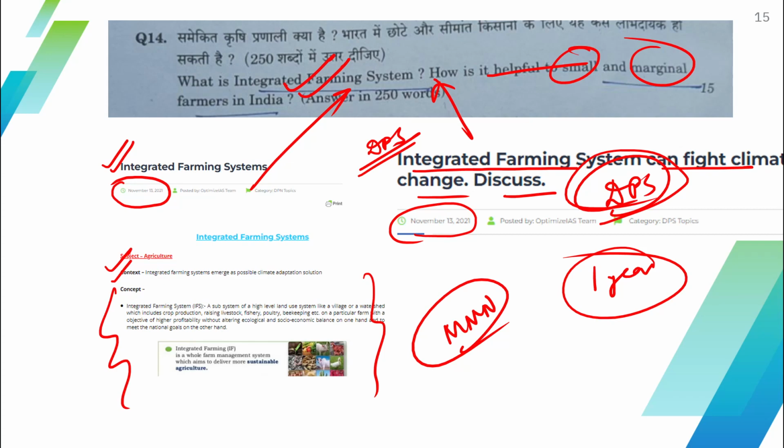And the proof is here in front of you. Just from September 2021 to September 2022, no question has come beyond that, except question number 6, which is very basic, picked from the NCERT, basically decomposition of the soil.